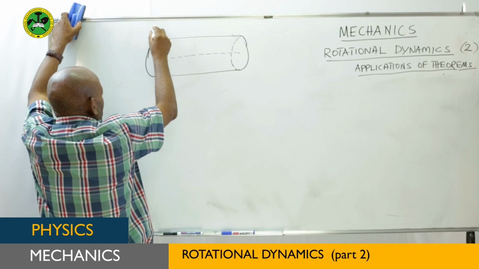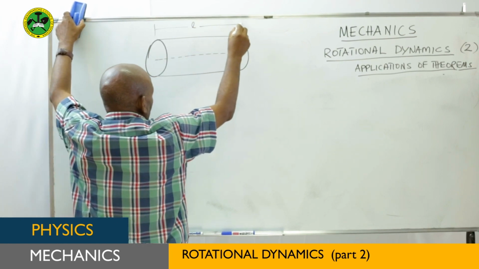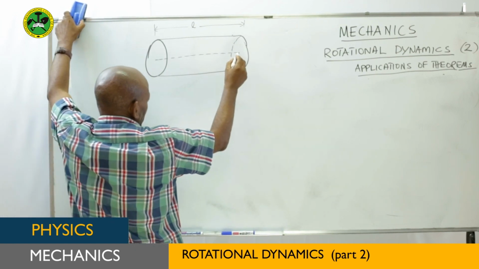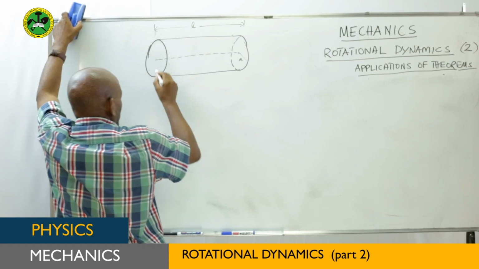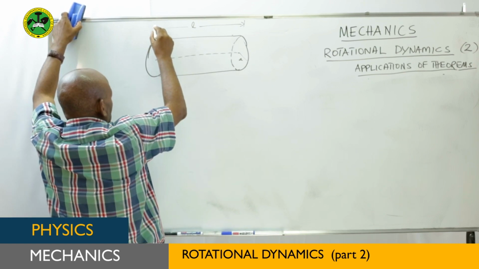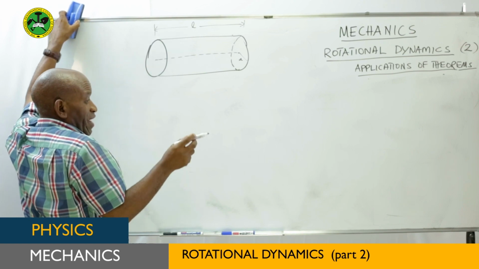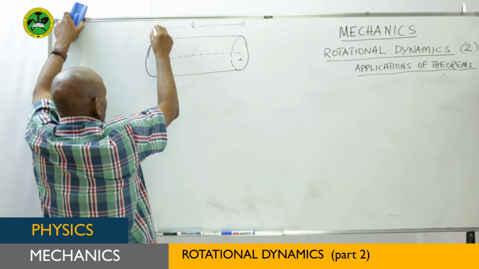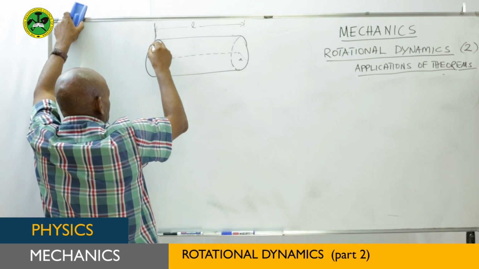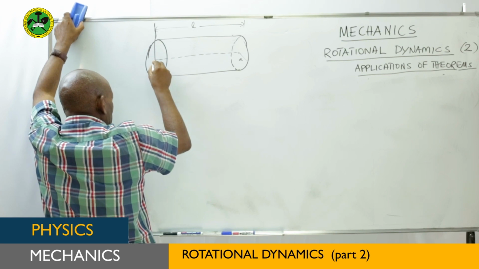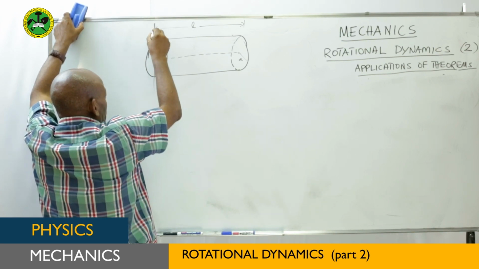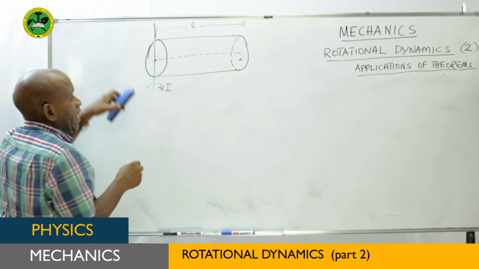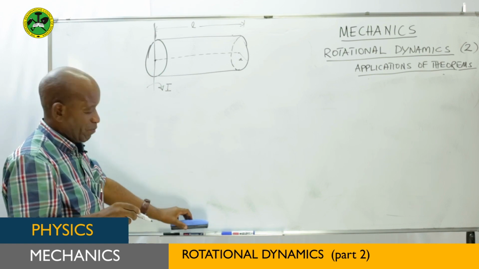We are given that this cylinder has a length L, a mass M, and its radius is equal to A. Our axis passes through its diameter at one end, so we can take this to be the side where the axis passes. It means that it passes through its center. So this is the axis, and we now need to determine the moment of inertia about that particular axis.